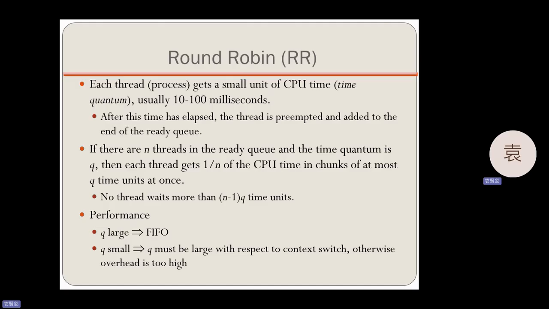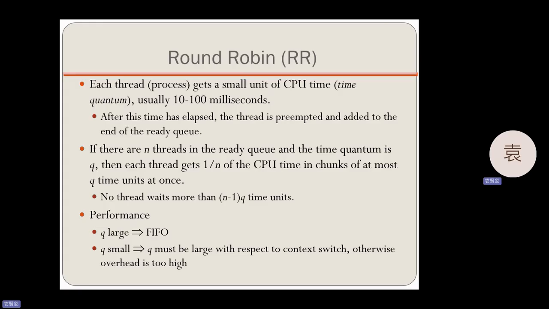Each thread gets a small unit of CPU time, called a time quantum, and they all get the same time quantum. For example, usually you set it to 10 to 100 milliseconds, and after the time slice expires, the thread is preempted and put back at the end of the ready queue.